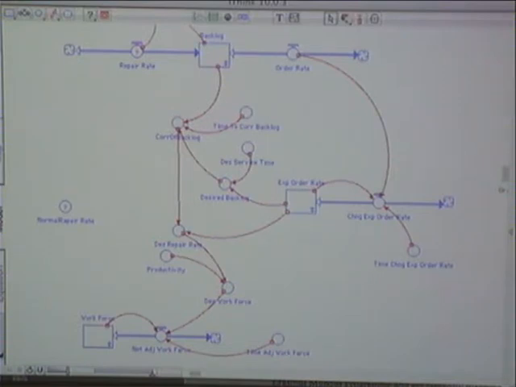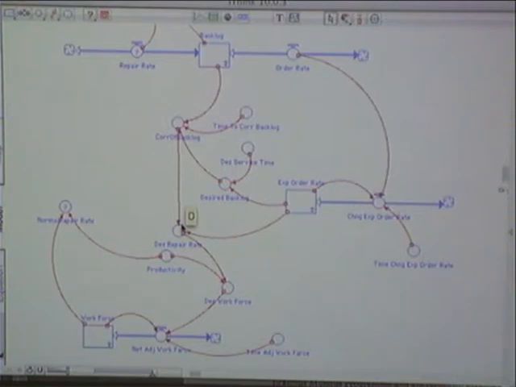And now it's fairly easy because the normal repair rate will be the workforce you have, how many people do you have, multiplied by their productivity. How much do they repair per day, each of them? So if you have 10 people and they repair 20 bicycles per day, they are able to repair 200 bicycles per day. That's the normal repair rate.